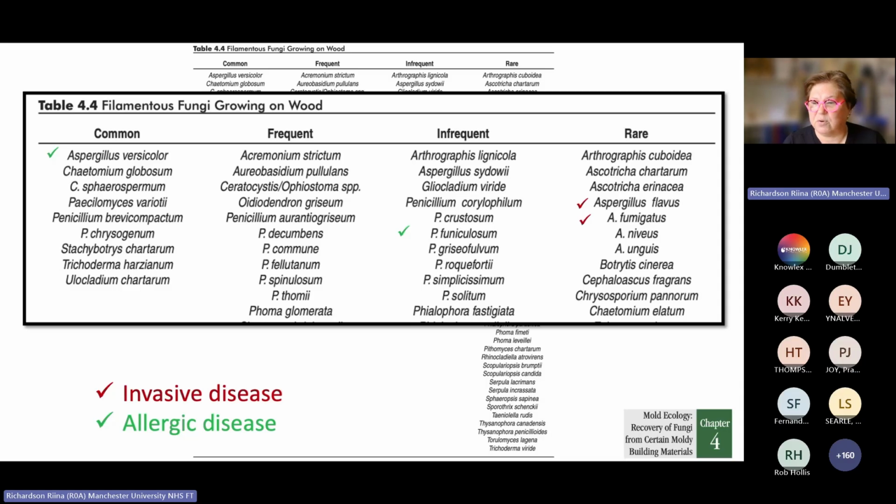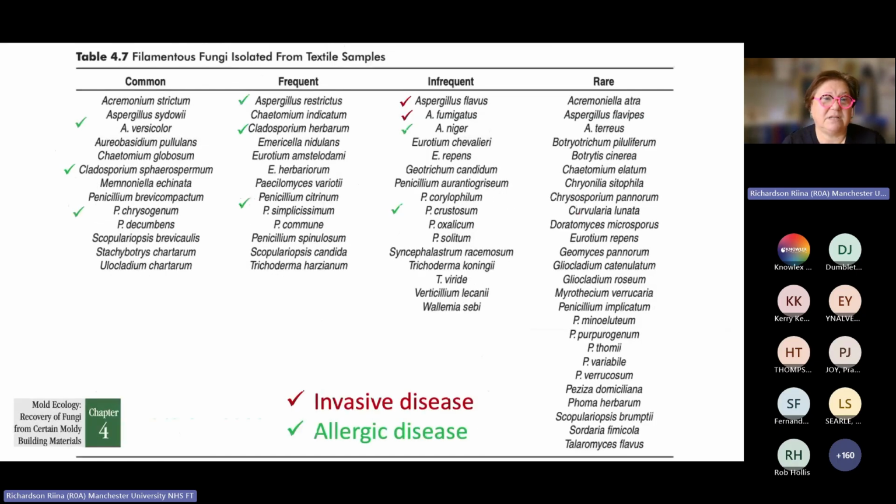They rarely grow on these, or it's not their primary preferred environment. Textile samples show a similar picture of more allergens potentially living on your carpets and your other textiles in the house, but there is a difference.